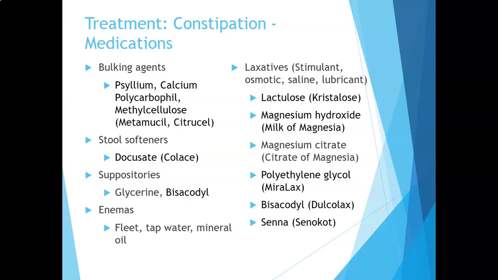Enemas can also include Fleet enemas or tap water enemas. And suppositories can include glycerin or bisacodyl, and again, depending on the type, just help get things going. I think generally they work by irritating things and producing bowel movements that way.